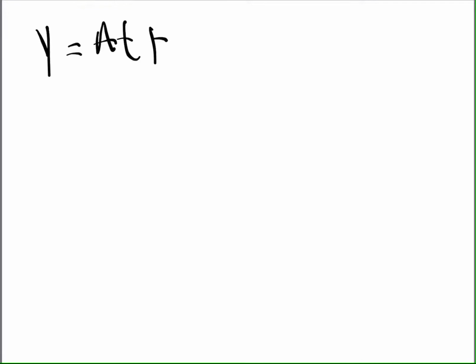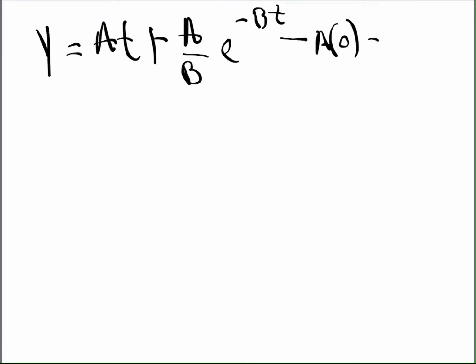So plus A over b e to the negative bt minus, well, 0 plus A over b e to the negative b times 0.